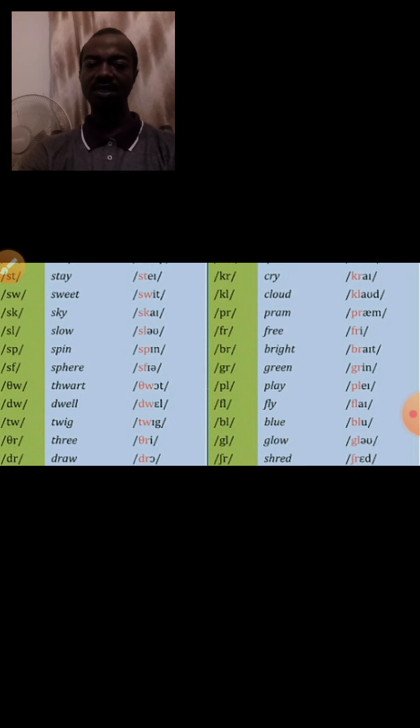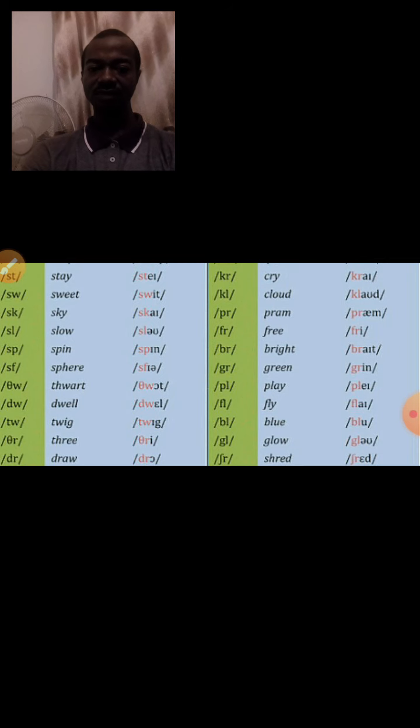In the word match, the TCH forms a single sound. There are three letters there that form a single sound, /ch/. So that's a good example of a trigraph, whereas the SH is a digraph.